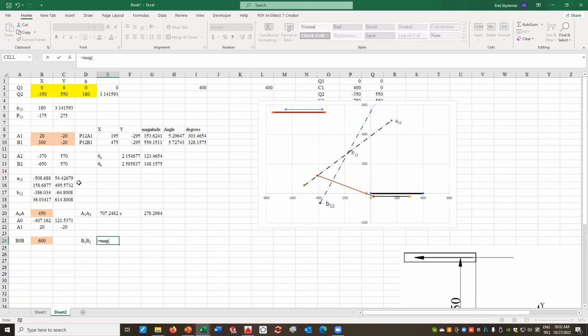If you start using mag, etc., it makes life easier. Okay, I mean that's all. If you want, you can write square root, square, etc., but rather than that, I prefer to use these.